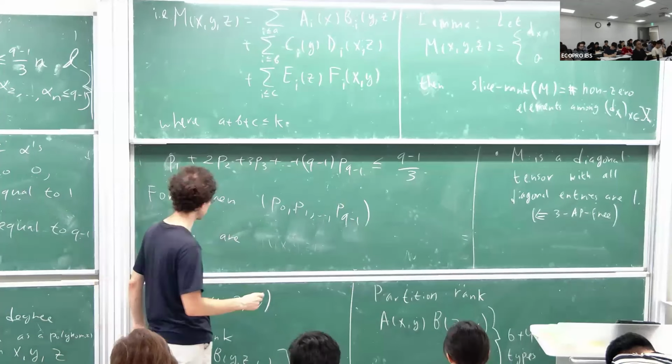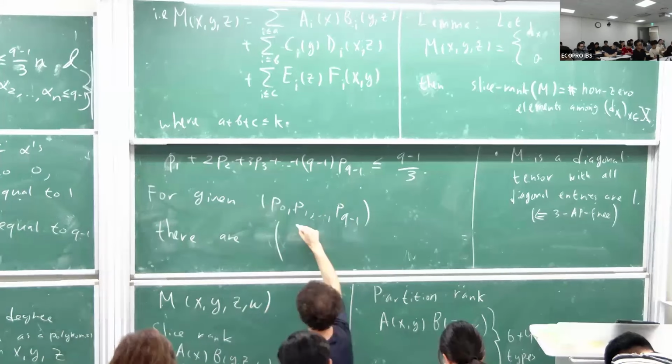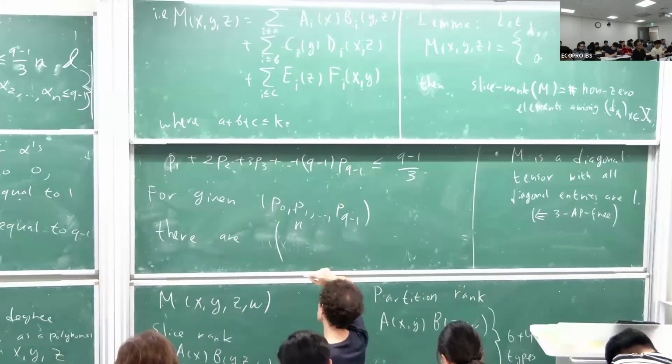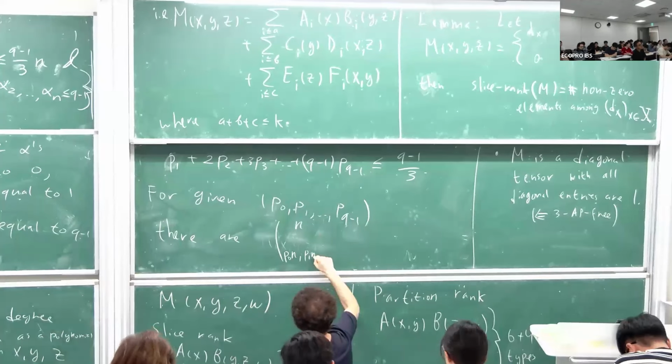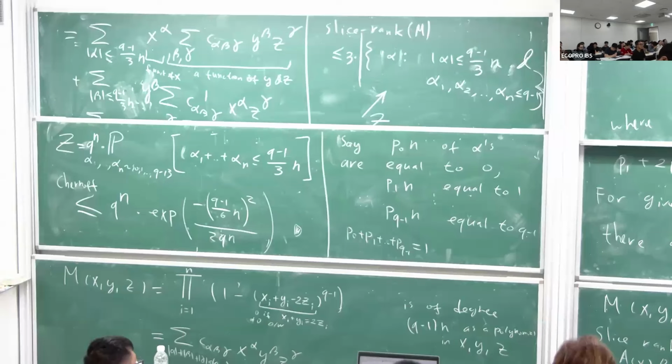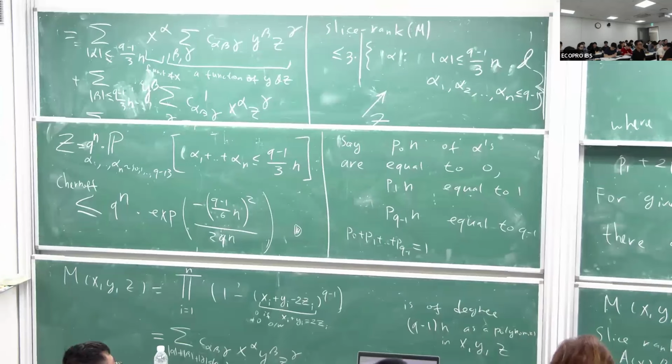There are n positions total, and I need to partition them into sets of size P0n, P1n, etc., up to P_{Q minus 1}n. So this is a big multinomial coefficient, the number of ways to choose alpha.